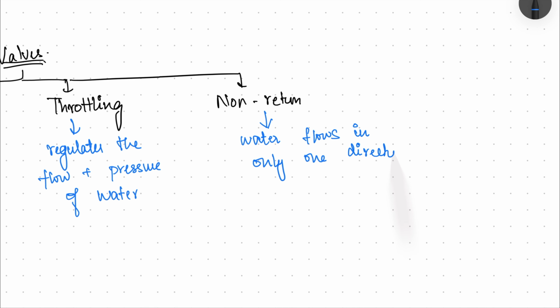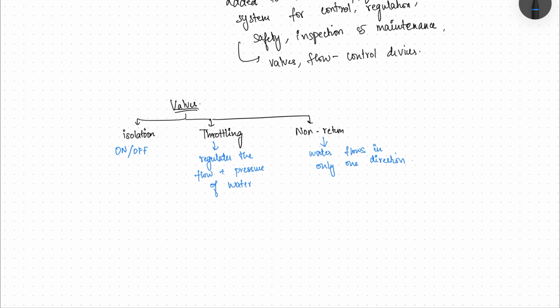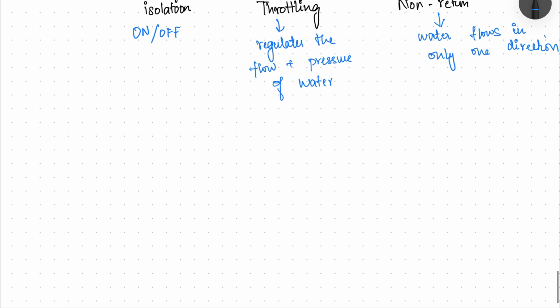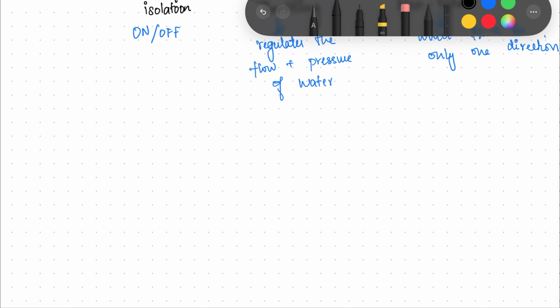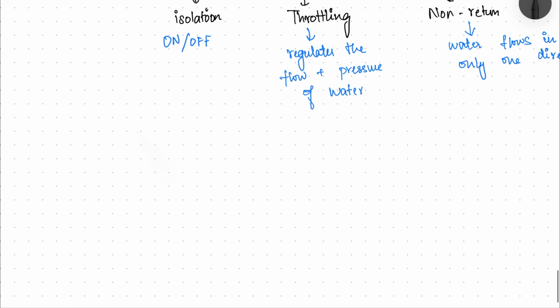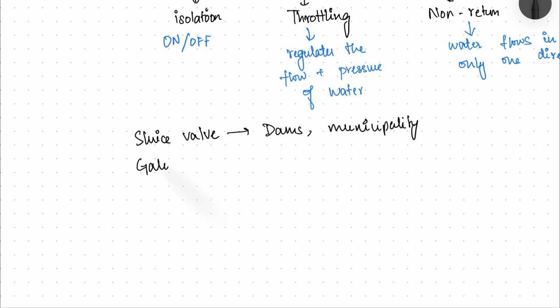And there are different varieties of valves, and let's look at a few now. So you have sluice valve, which is used in dams, municipalities, etc. Then you have gate valves, which are used in industrial areas, all those places.